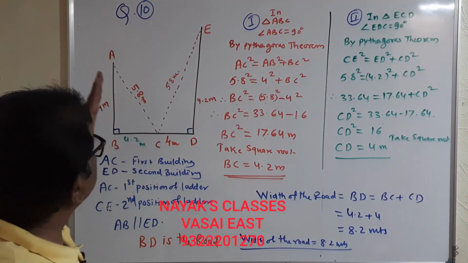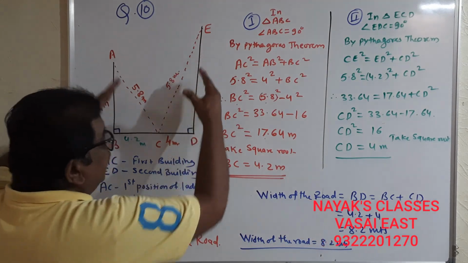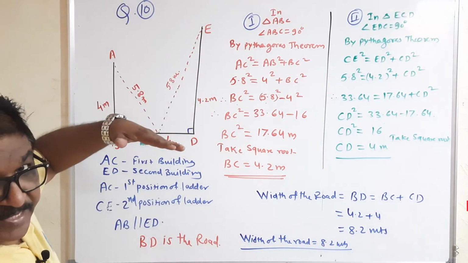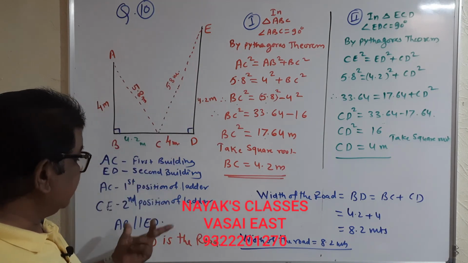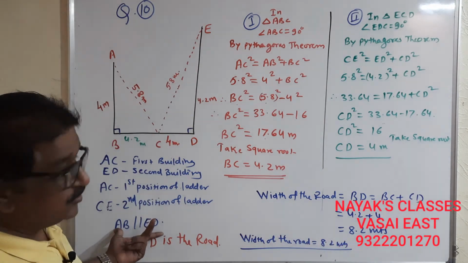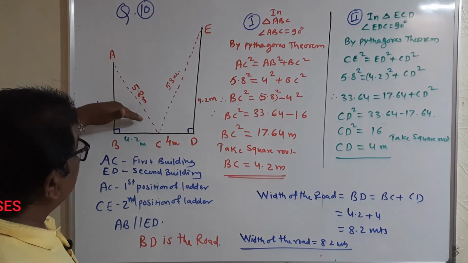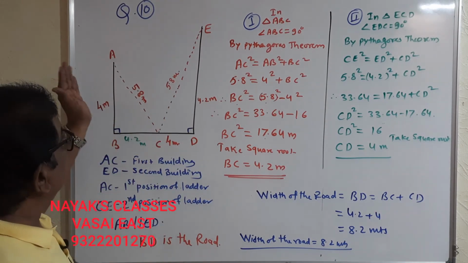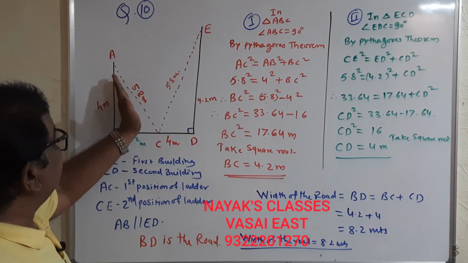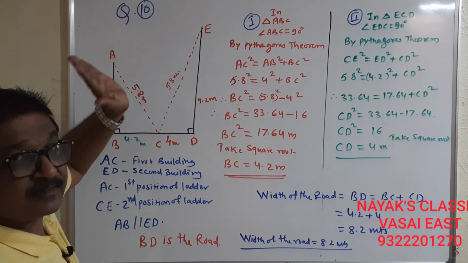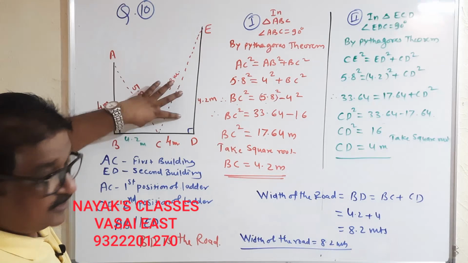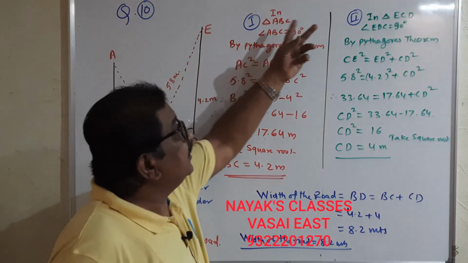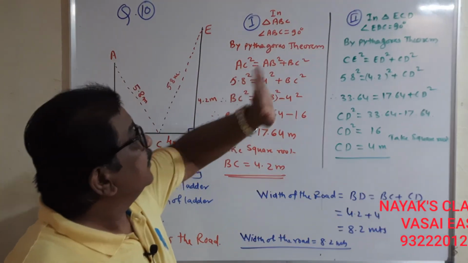So again, two buildings and a road. Two parallel buildings. They have said the buildings are parallel to each other. And one ladder is adjusted to one building first and the second building afterward. So we got two right angle triangles ABC and ECD.